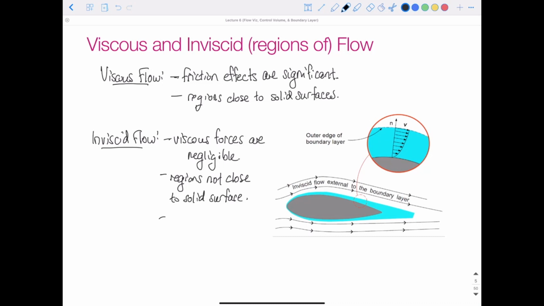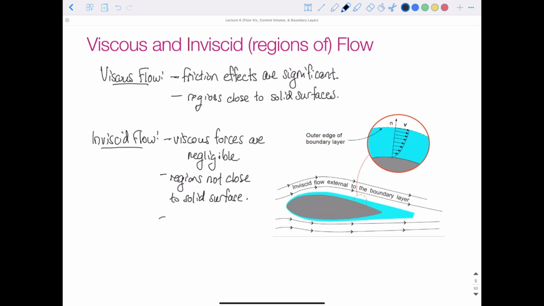And at the edge of that viscous flow region, eventually our velocity gradient just becomes zero. Our velocity isn't changing as we move further away anymore. So at that point, we have uniform flow. Our velocity isn't really changing with position. And because the velocity of each air particle isn't moving relative to each other, there's no frictional forces.